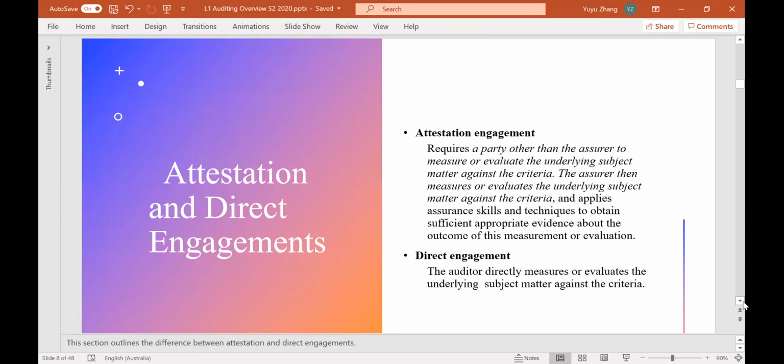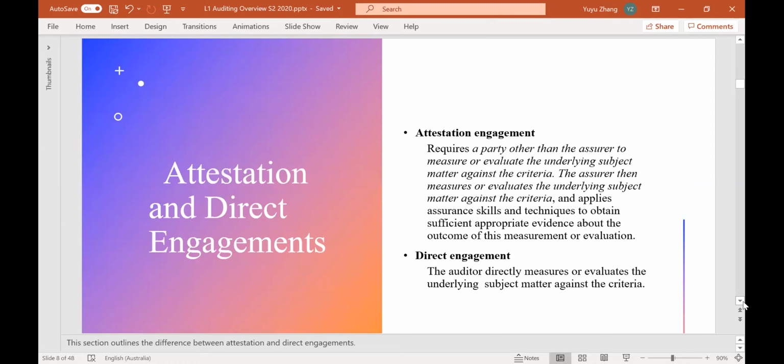So another classification of the engagement could be attestation or direct engagement. The difference is quite obvious. For direct engagement, auditors directly measure or evaluate the subject matter against the criteria.